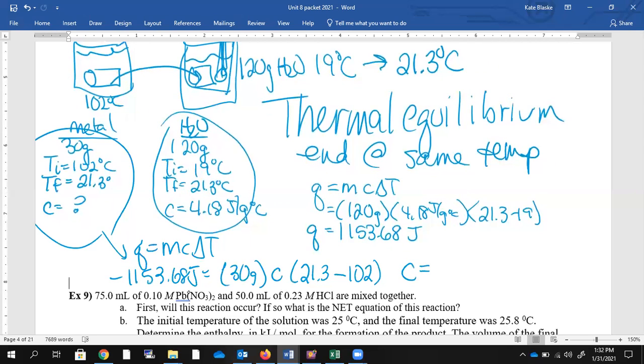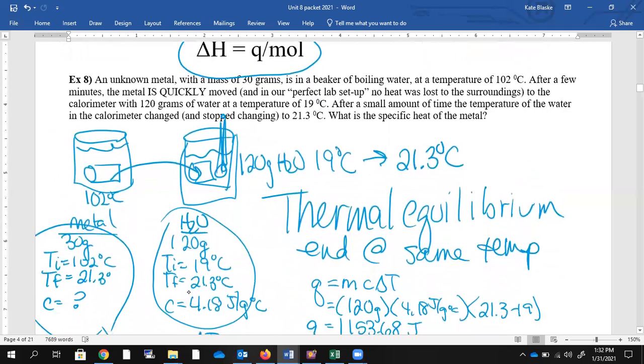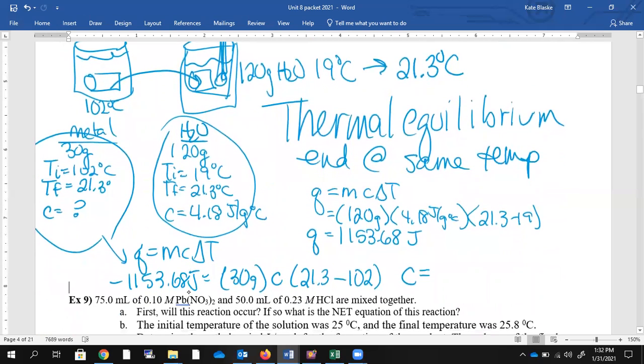Now is where I sort of think about sig figs, just in general. My C is 0.48.